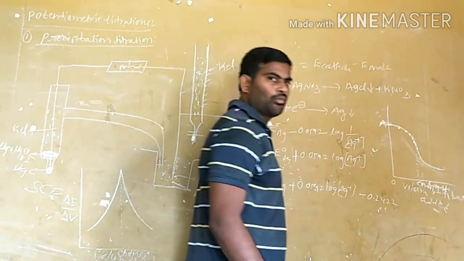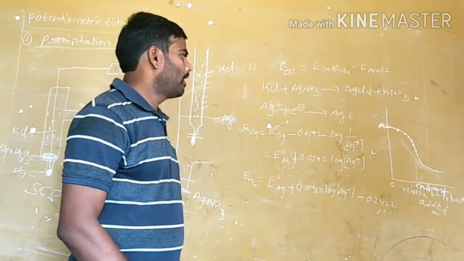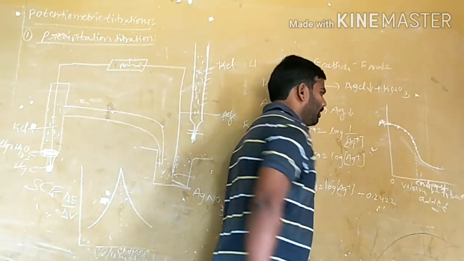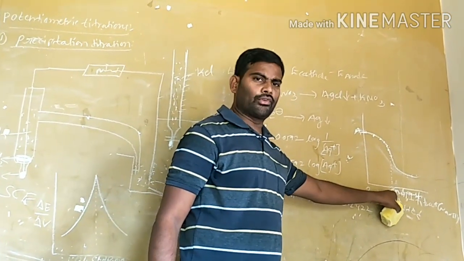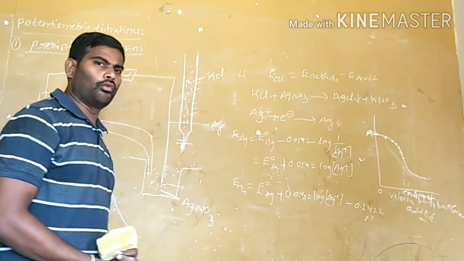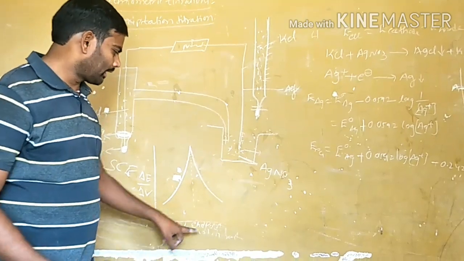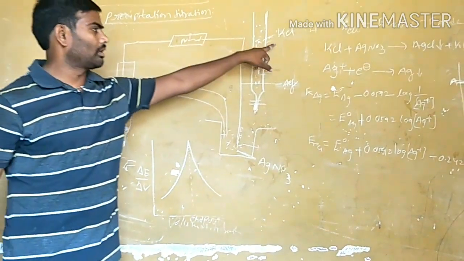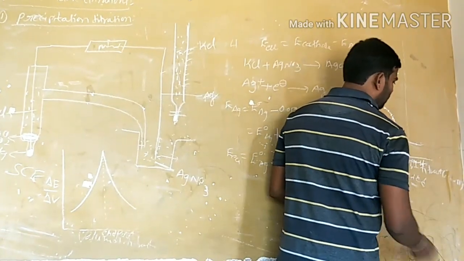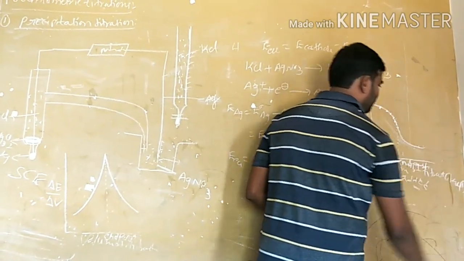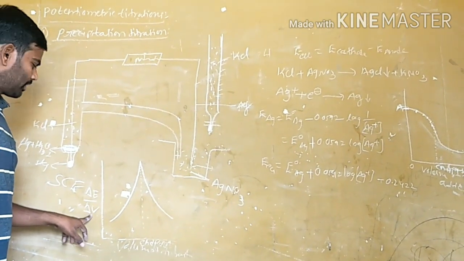The same type of sigmoidal curve is obtained in the case of precipitation titrations. In this case, detection of the exact endpoint is difficult, so we plot a graph of the change in potential with change in volume of the titrant, that is the KCl solution.